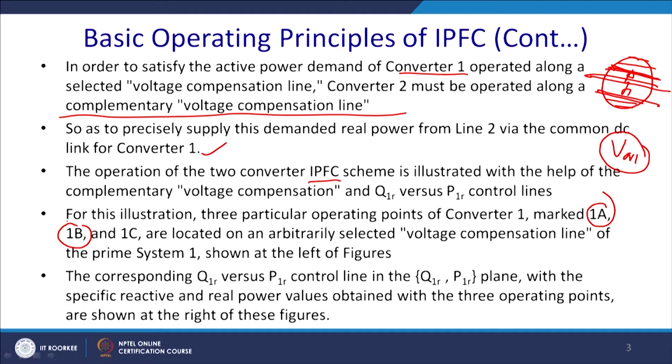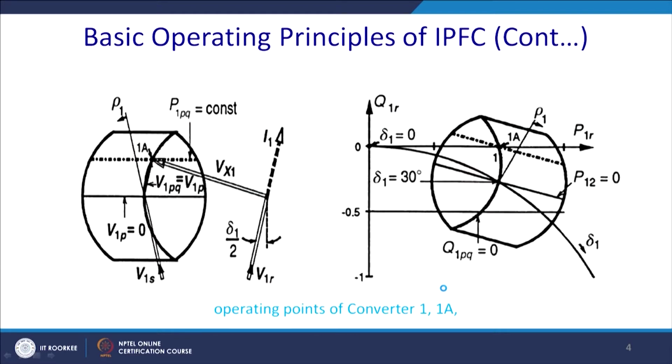The corresponding Q1R, P1R of the line in the Q1R and P1R plane, with the specific reactive and real power values obtained at the 3 operating points, have been shown in the coming figure.